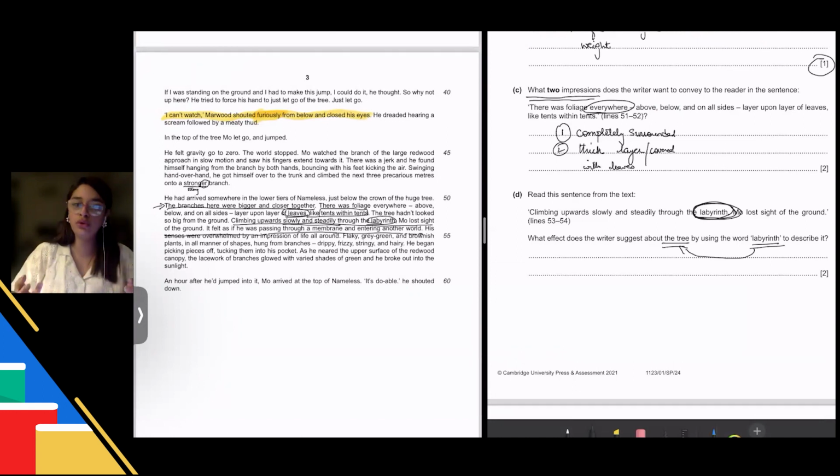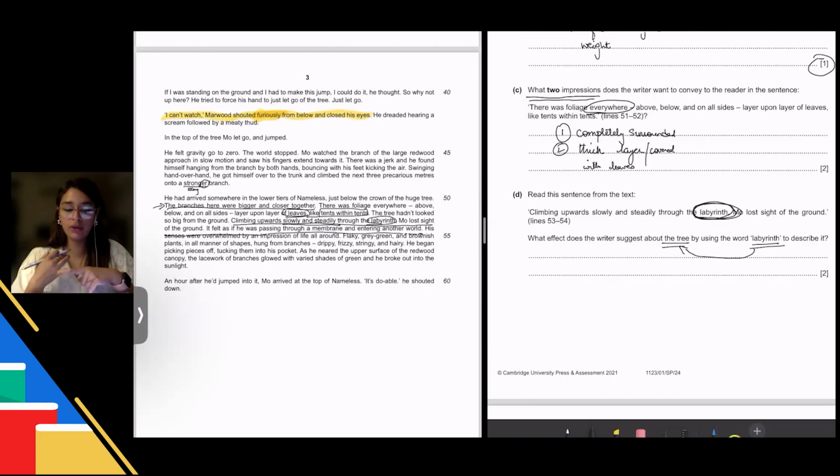Now, for those who do know the word labyrinth, it basically means something that is kind of like a maze, a very complex structure. So in this case, the word labyrinth is used to describe the tree itself, not just to highlight how it's a very big tree, but the fact that it is, number one, a very complex structure, and the fact that it is very confusing. Why?